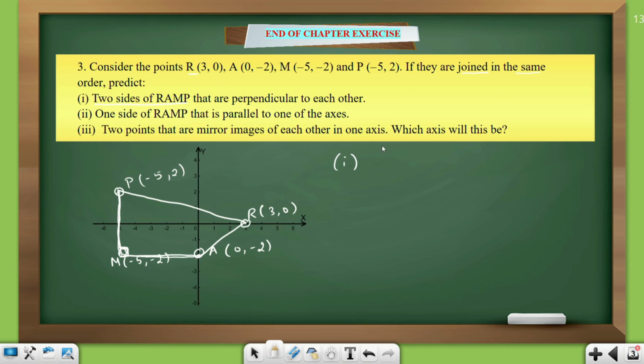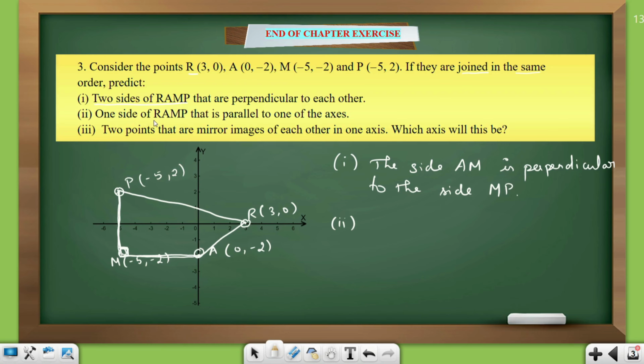So for the first question, our answer is: the side AM is perpendicular to the side MP.